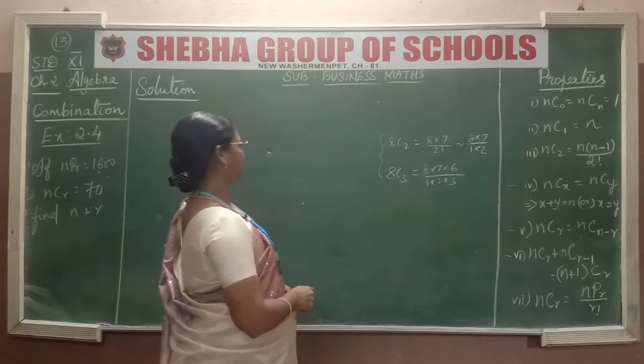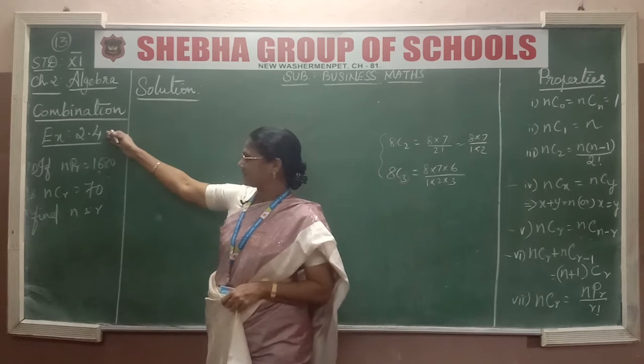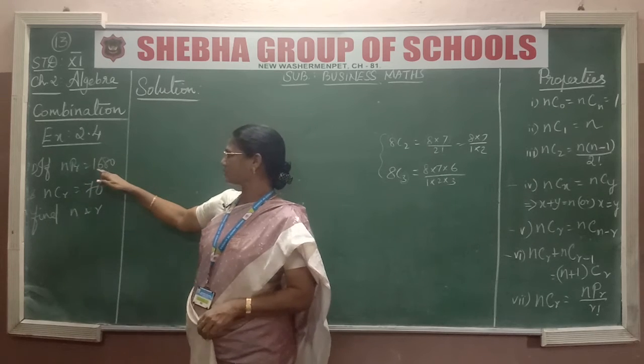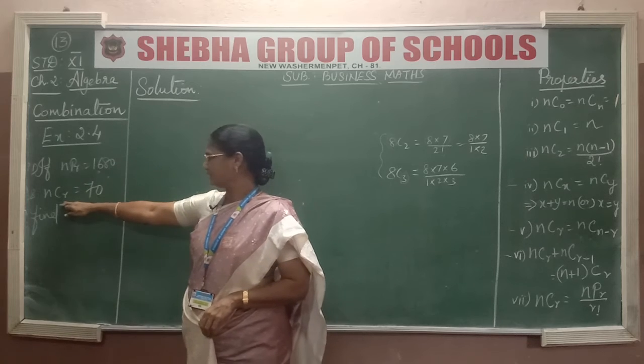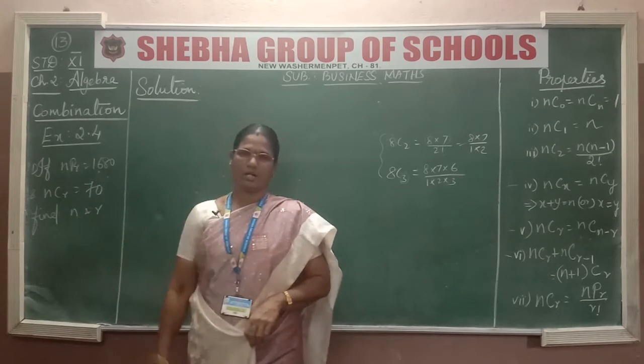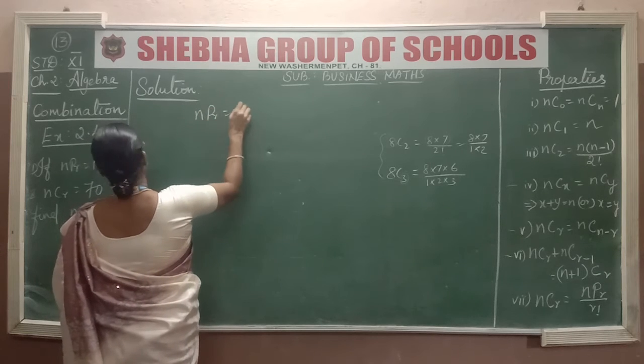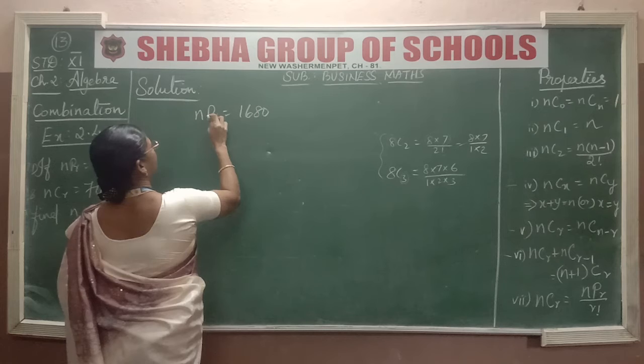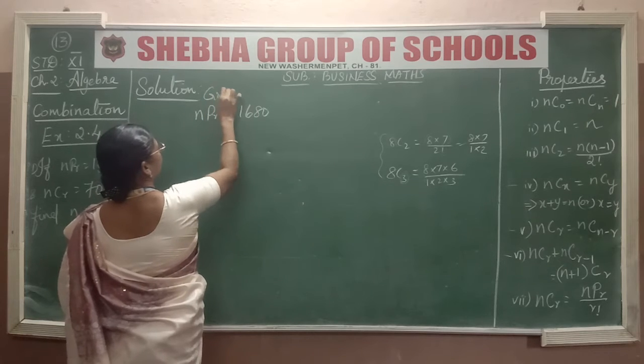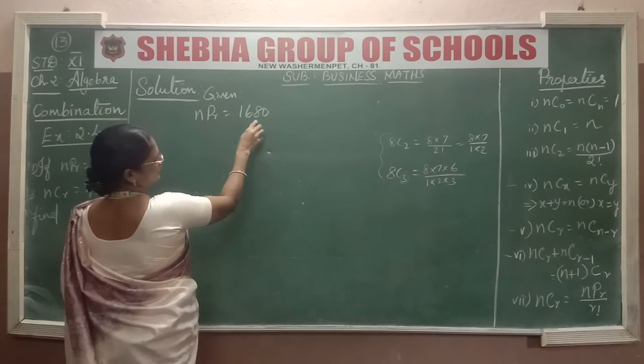Okay, next we are going to see an exercise sum. If nPr is 1680 and nCr is 70, find n and r. So what is given? nPr is 1680.